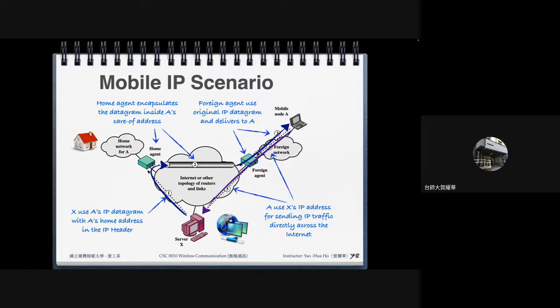However, the mobile device moves from one location to another, or from one foreign network to another foreign network. So it needs to change from one IP address to another IP address, but you need to stay connected with a different IP address. That's why the home agent and home network come along to help forward the packet to the foreign agent in the foreign network.